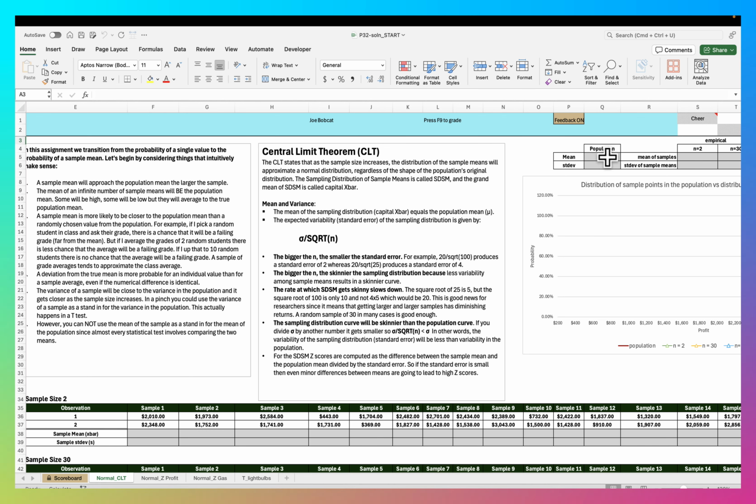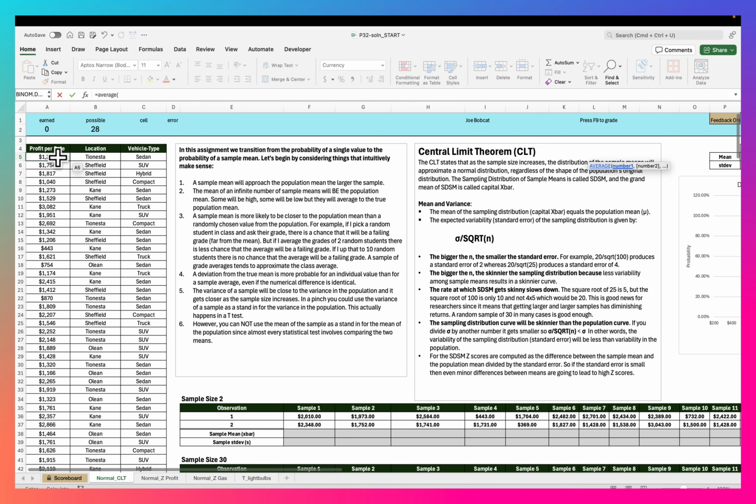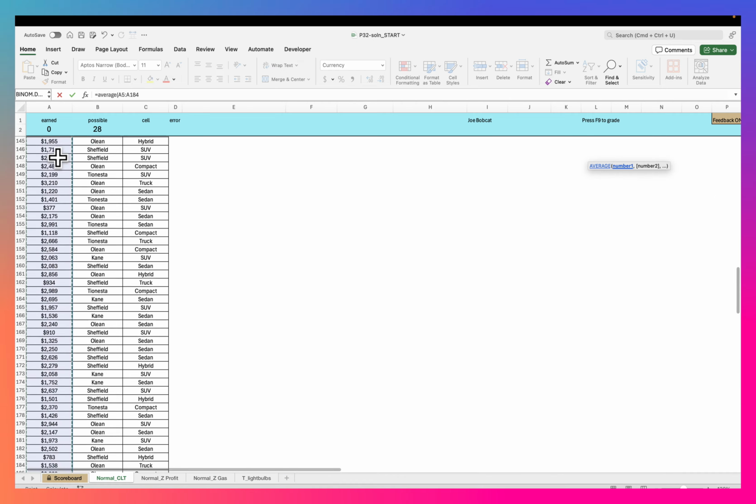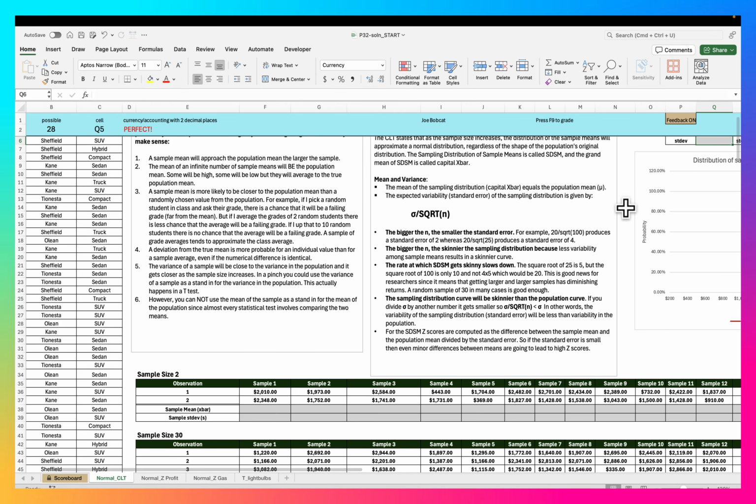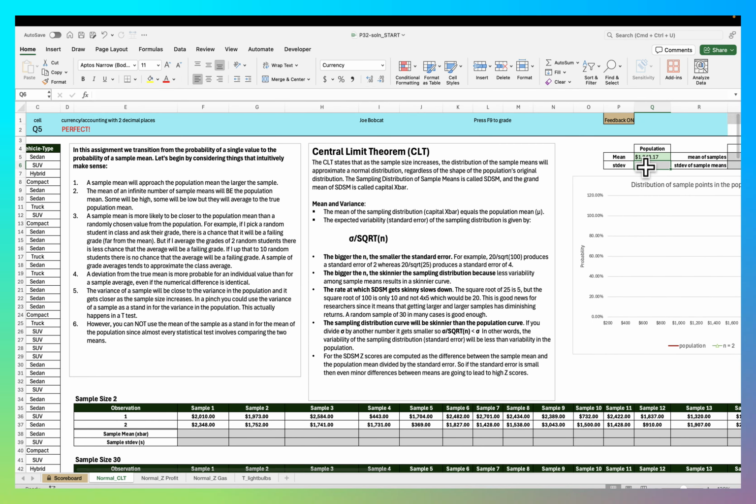So we're going to begin with that. We'll start out by getting the mean. And then we'll get the standard deviation. And it's .P because it's population.